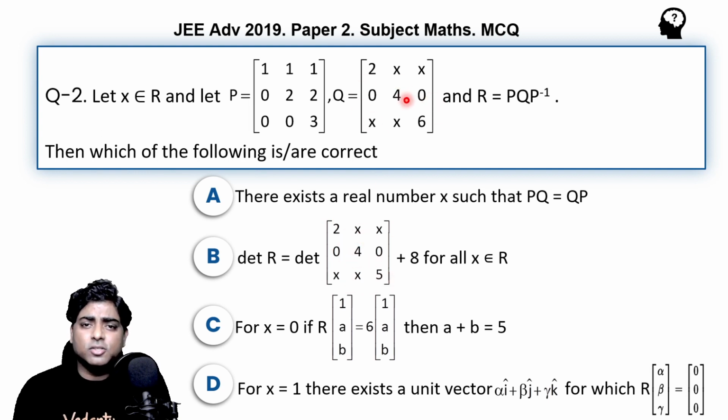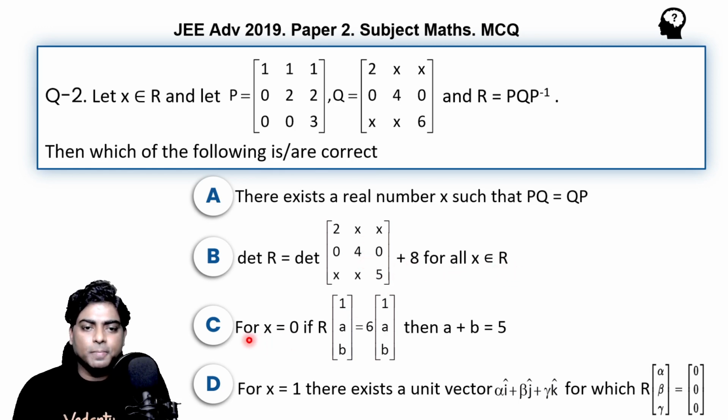It looks the same as Q, but only the last element differs: here it is 6, there it is 5. So is determinant R, that is determinant Q, equal to the determinant with 6 replaced by 5, plus 8, for all x belonging to R?